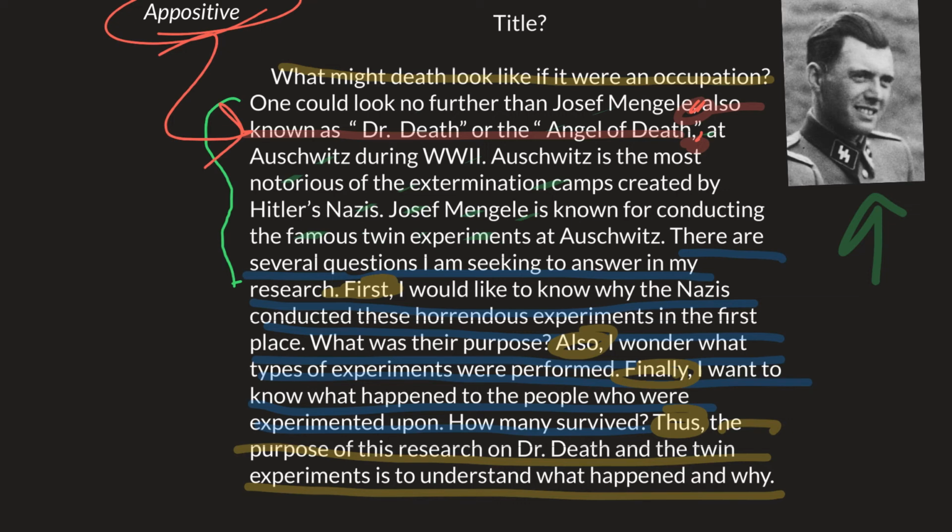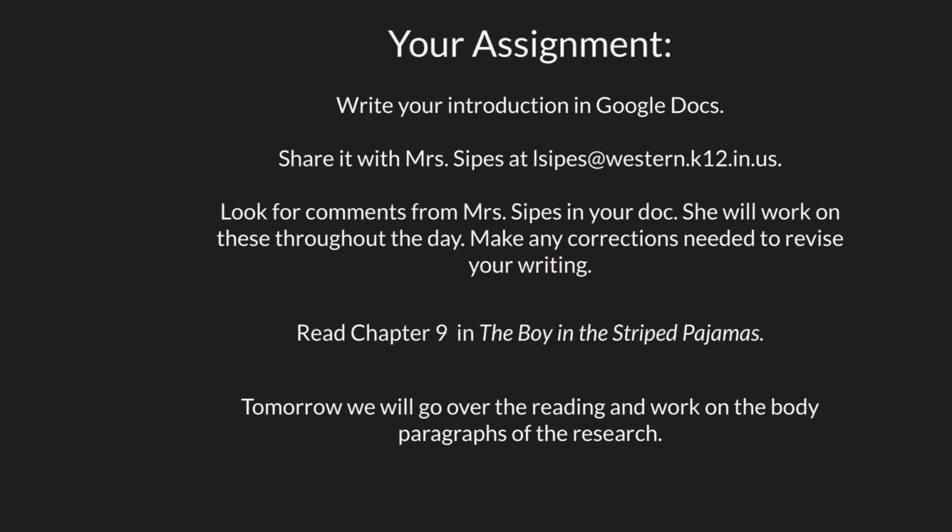We have these introductory words, or what we call transitions, that we are using commas for. And then we have what's called an appositive right here, where we are using these commas, again, to set off extra information that we're talking about when we talked about Dr. Mengele. Okay?